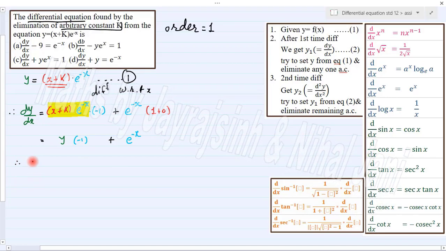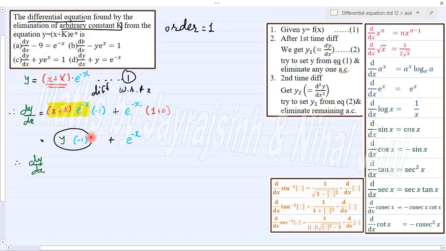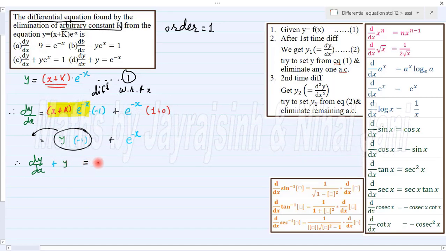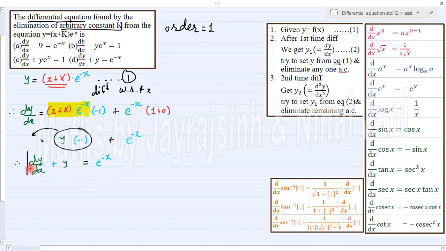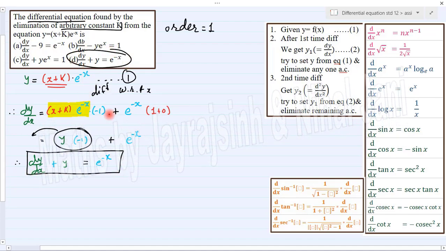So, let's rearrange the term. Your dy by dx, and if we take this minus y on the left hand side, we will get plus y, and on right hand side e raised to minus x will be as it is. So this is your required differential equation, which is given in option D. Ta-da!